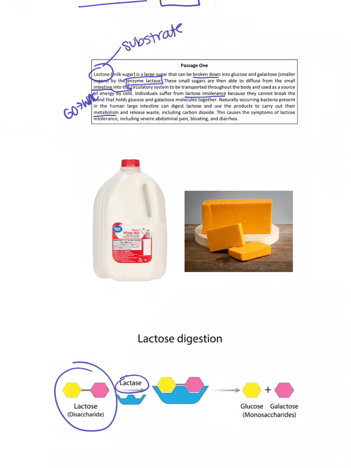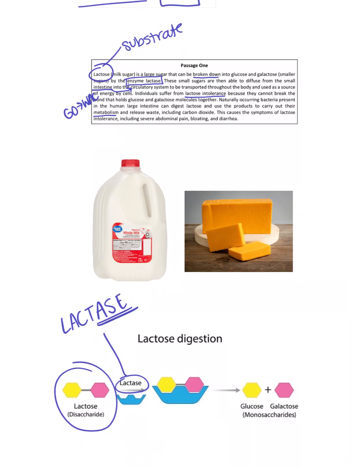The cool thing about enzymes is you almost always know when you're dealing with an enzyme because its name will end in -ase. Lactase is the enzyme that is able to break down lactose. And again, because they have to fit like puzzle pieces, lactase can only break down lactose.